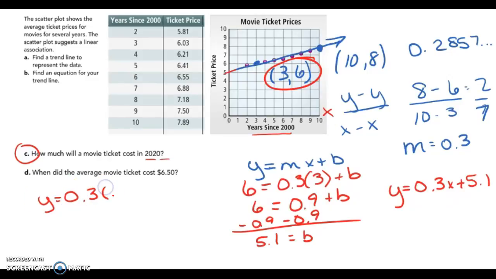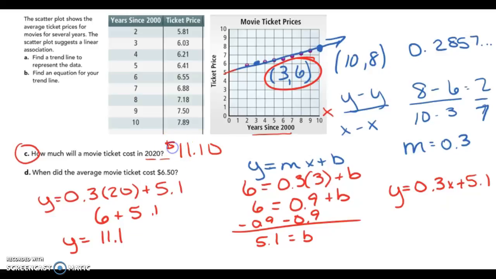I'm going to replace the x with a 20 because I want 20 years. And the years is on the x column or the x row. Plus 5.1. And then I'm going to go ahead and work that through. Okay, so in about 2020, it's going to cost us about $11.10 to go to the movies.